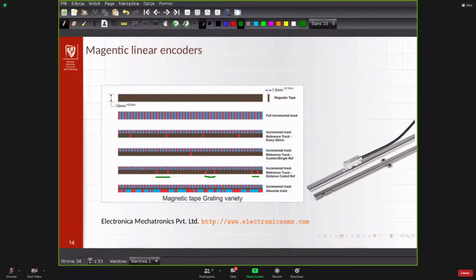And of course, on the reading part, you receive the magnetic field, you measure the magnetic field, and you can detect how the magnetic field changes.